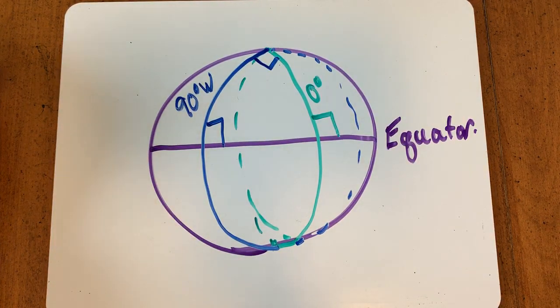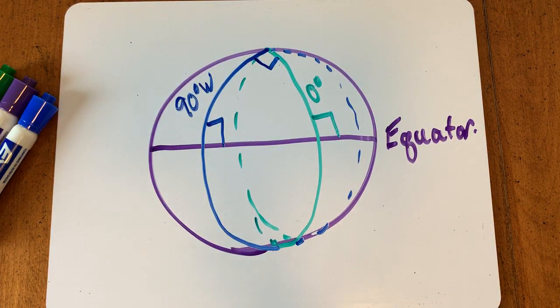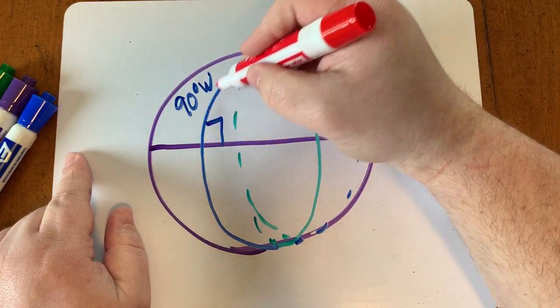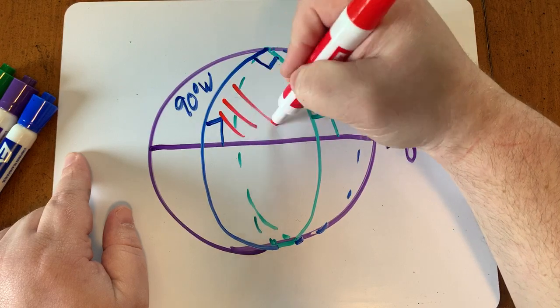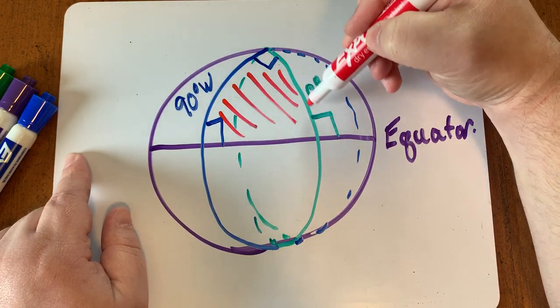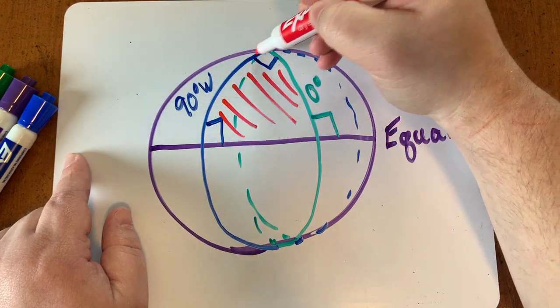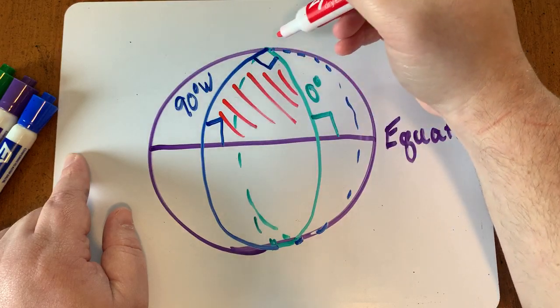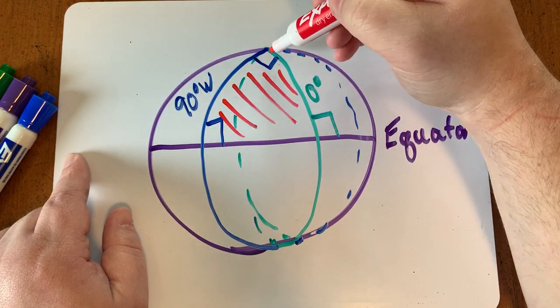So just a cool thing about spherical geometry that I want to show you guys before I log off is that this figure right here, well, these are parts of lines on the sphere. So that would make them line segments on the sphere.